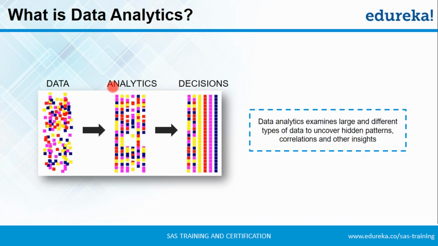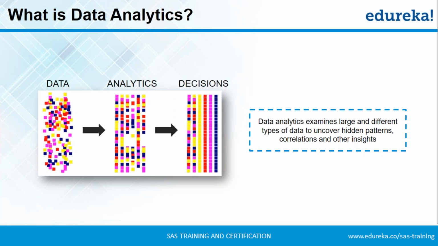It makes sense out of it, it categorizes it, and then it's your job to analyze it using different techniques. Once you analyze it, based on the results, you come up with decisions, right? And this is what the decisions look like. This is the sorted form of your data, right? So this is how data analytics is used to come up with predictions or with paths that will lead you to success.